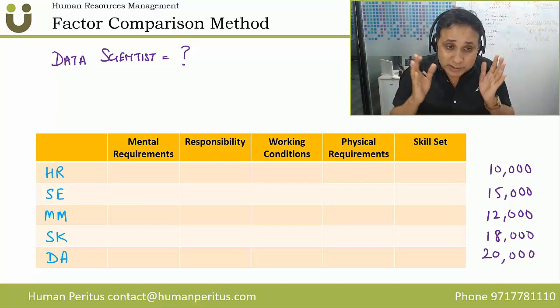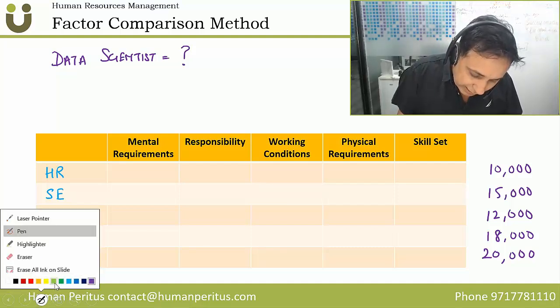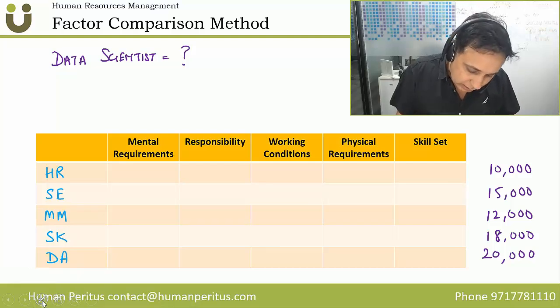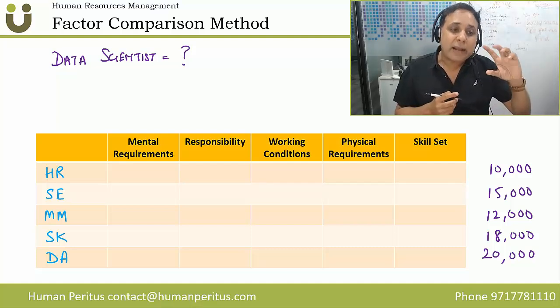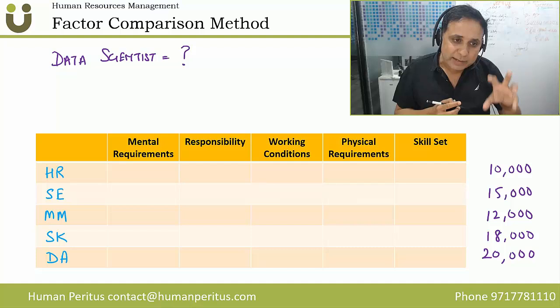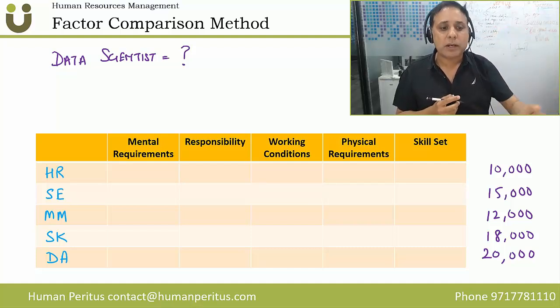So the first thing I have to do is that for each factor I have to rank each of the jobs. Now for the factor of mental requirement, I will rank all these 5 jobs: HR, software engineer, marketing manager, storekeeper, and data analyst.